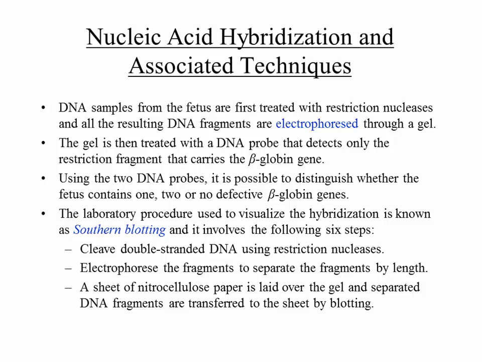Well, you put a sheet of nitrocellulose paper, like blotting paper, laid over the gel, and the separated DNA fragments are transferred to the sheet by blotting. So now you have all the position information, and these fragments have been separated out. So now you're going to peel that paper off.